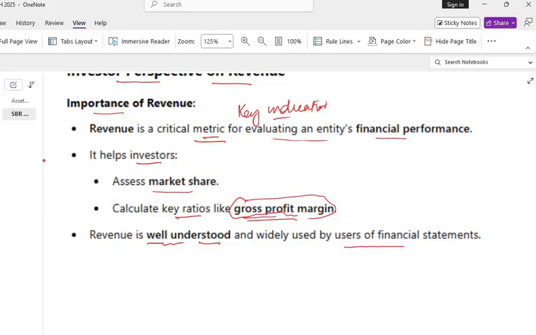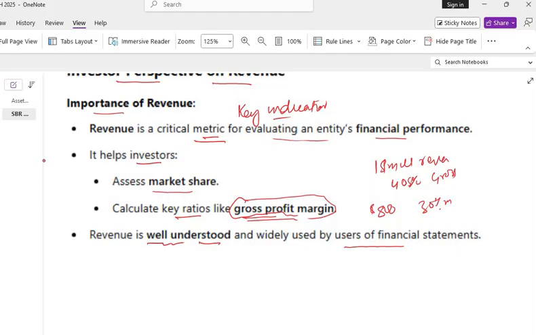Clear? So let's say a company has 1 million dollars in revenue with a 40% gross profit margin, and we have another company with, let's say, $500,000 revenue and 30% margin.